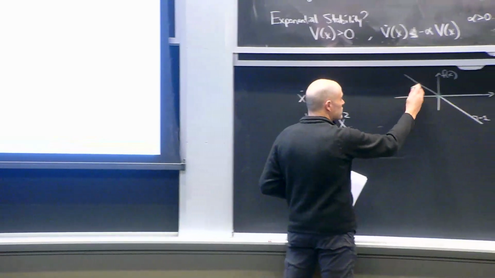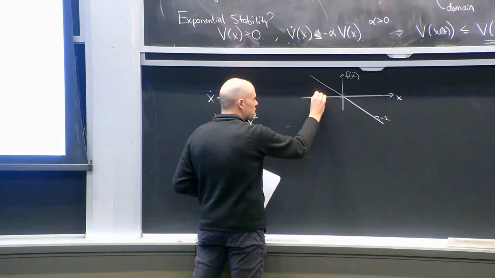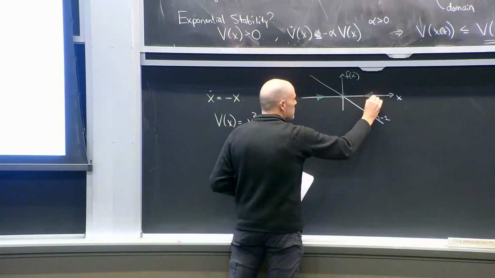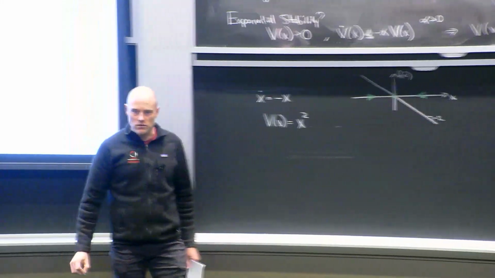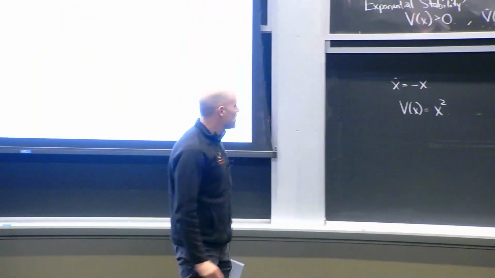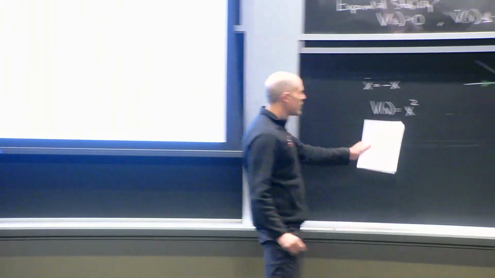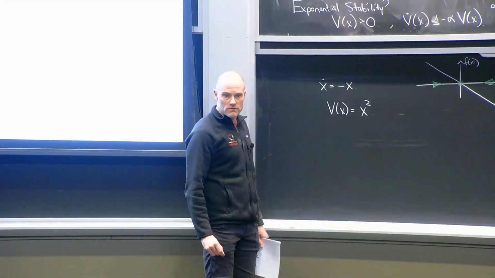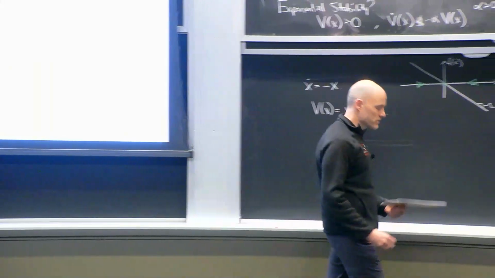And the values of x dot are positive over here, and they're negative over here. So I'm pretty sure that's going to be a stable fixed point. But what can I say about it using the Lyapunov function x squared? That's the question.